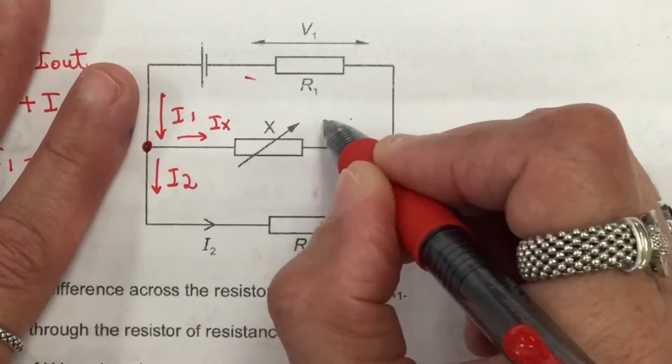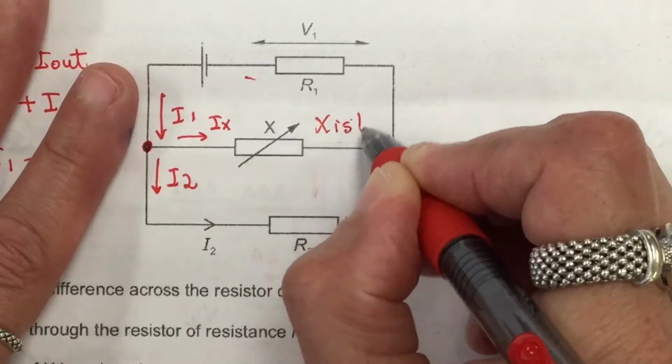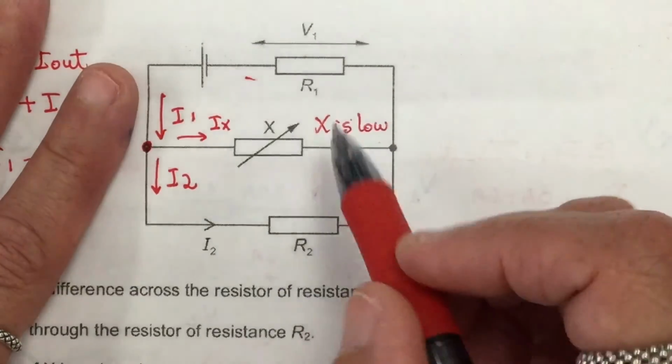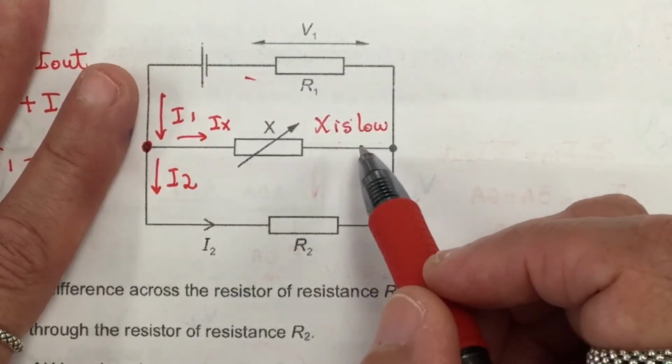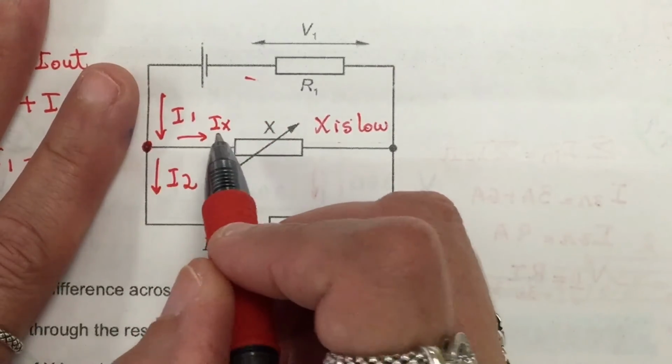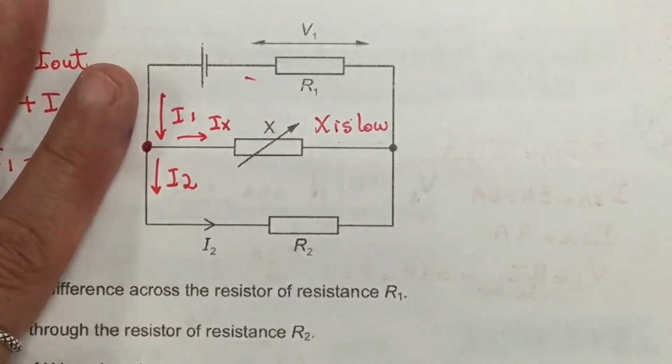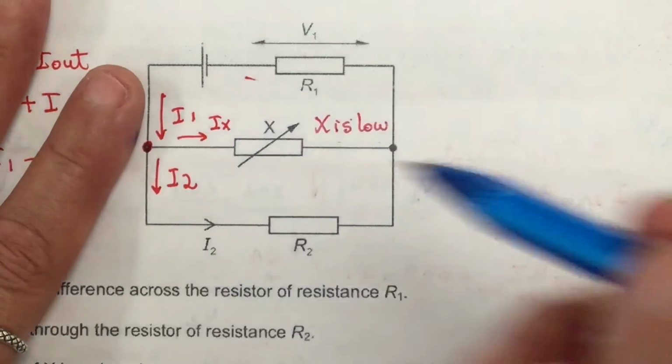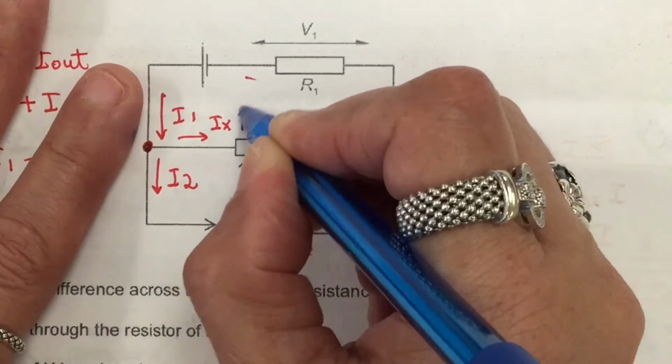So now this X is low. If X is a low value, what is going to happen to this current? This current here is going to increase.